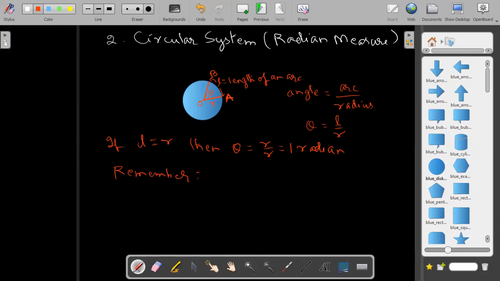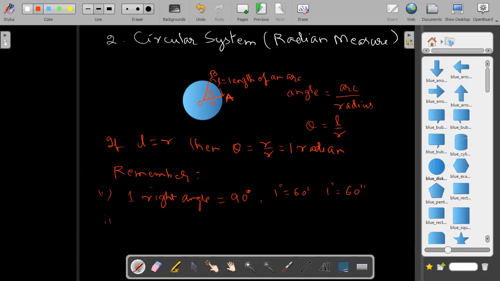And you know that one right angle is 90 degrees, this you have to remember. And 1 degree is equal to 60 minutes. This is in the first system. For the first system, this is 90 degrees, 1 degree is equal to 60 minutes, 1 minute is equal to 60 seconds.